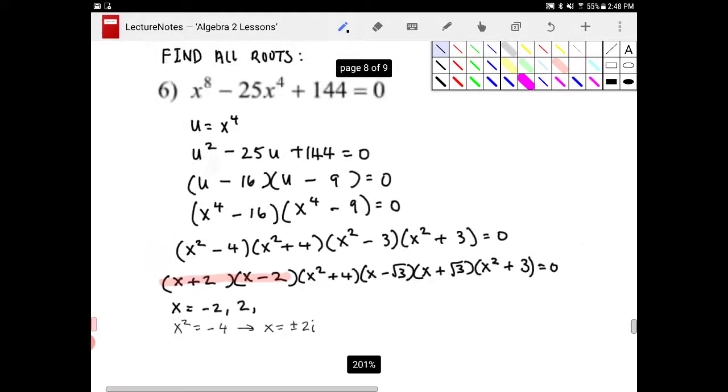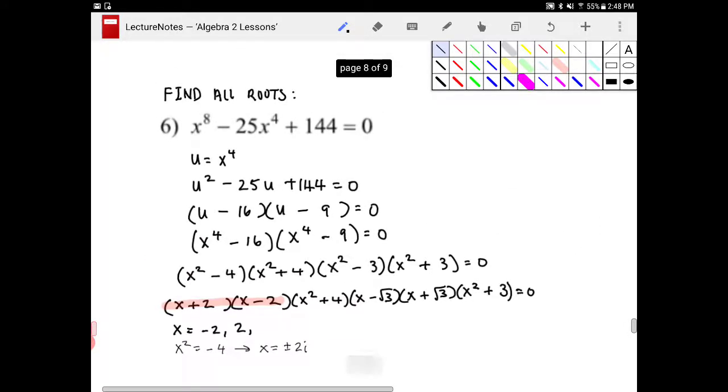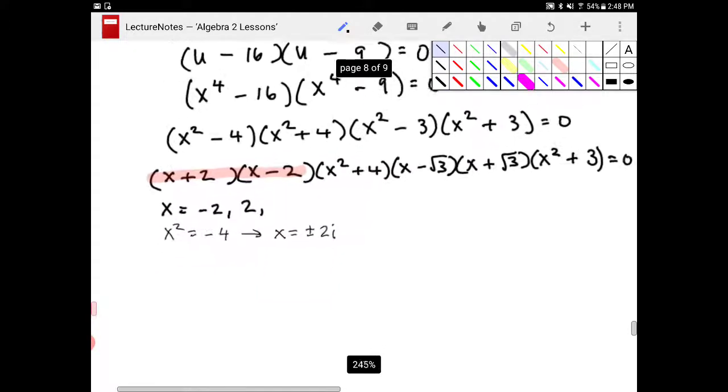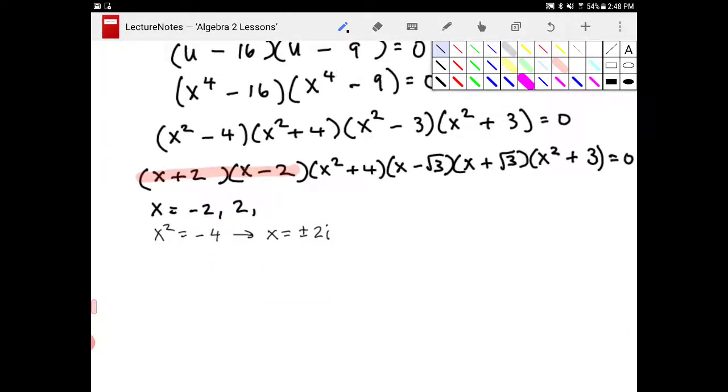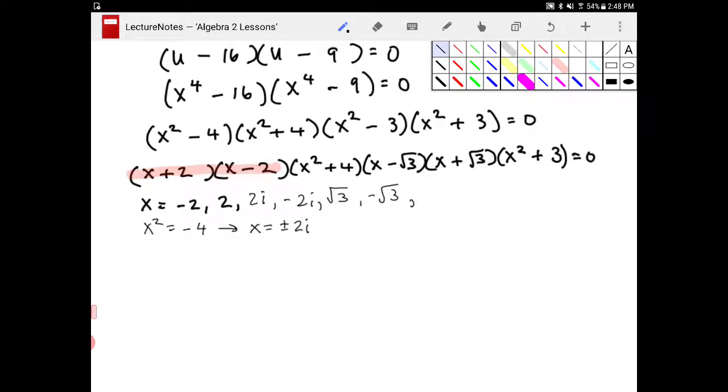Remember, the instruction says to find all roots. It doesn't say find all real roots. It says find all roots. So my answers will be positive 2i and negative 2i. And then I have positive radical 3 and negative radical 3, and plus or minus radical 3i.